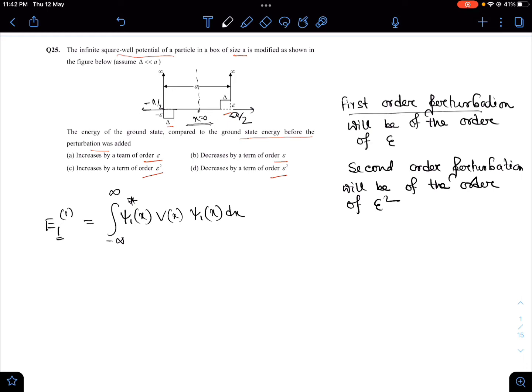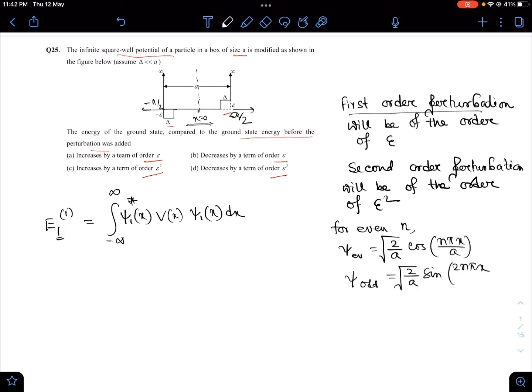For this kind of potential, we know that for even n, psi is defined as root over 2 by a cos n pi x by a, and for odd n, psi is defined as root over 2 by a sin n pi x by a.